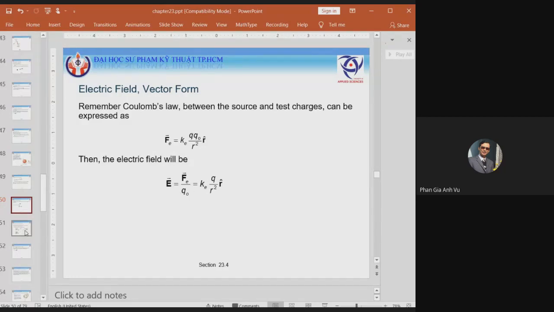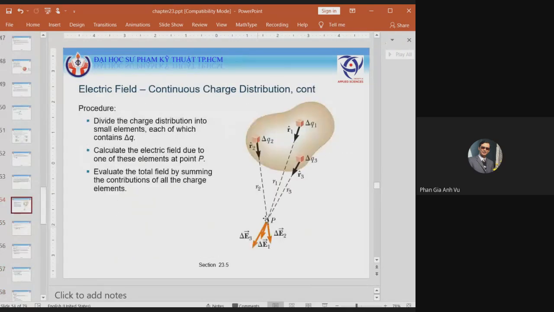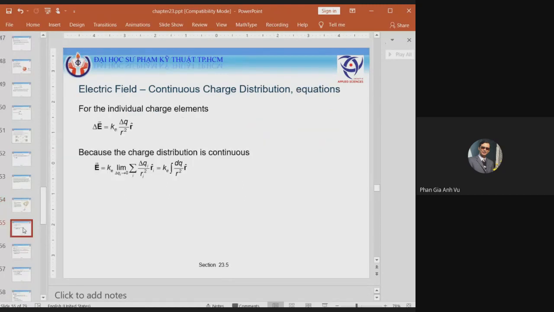When you have more than one charge, let's say a distribution of charges here, then we use the integral technique. We divide the object into many very small pieces and sum every electric field vector. When the sum is infinite, with a very large number of dq, we move from the limit of this sum to the integral.